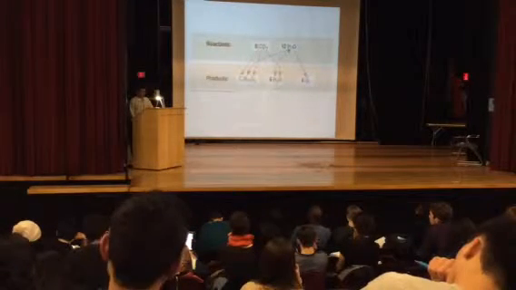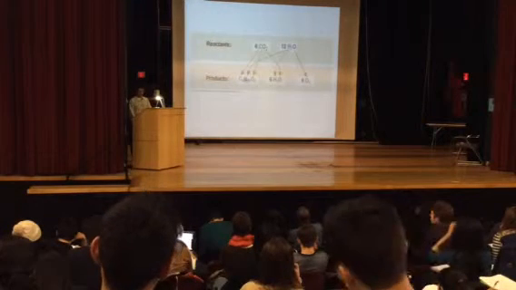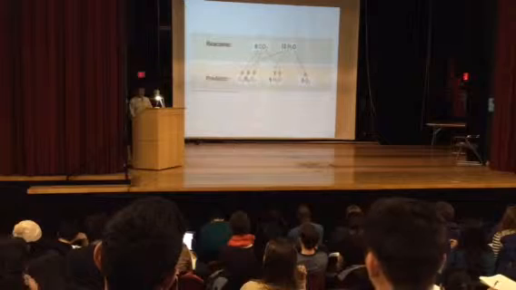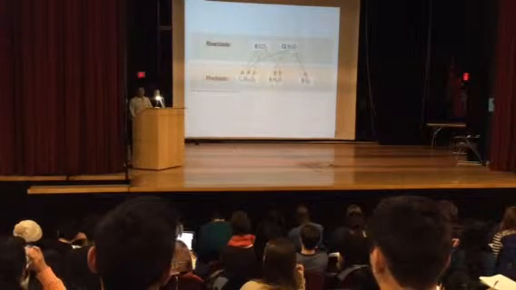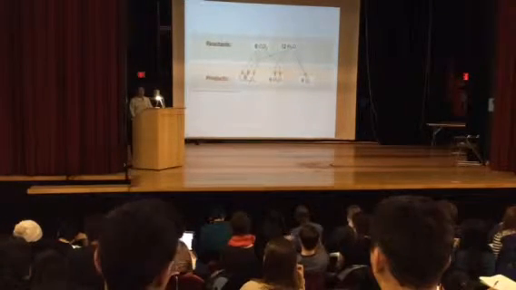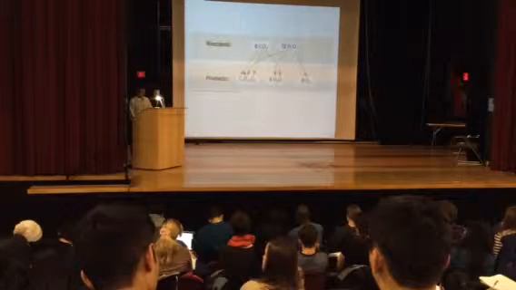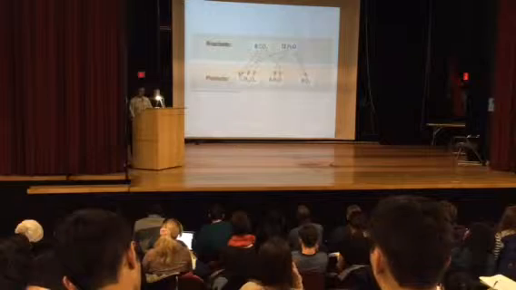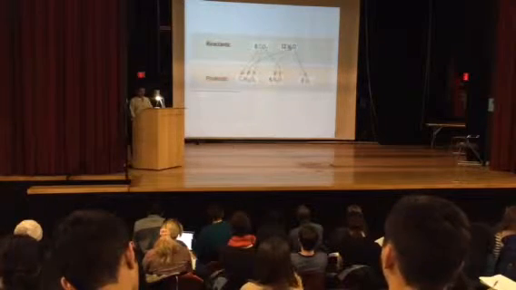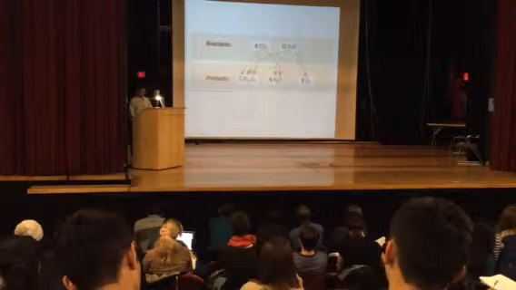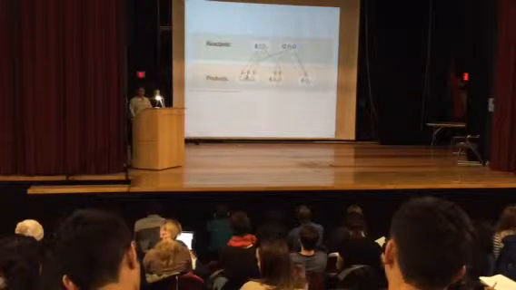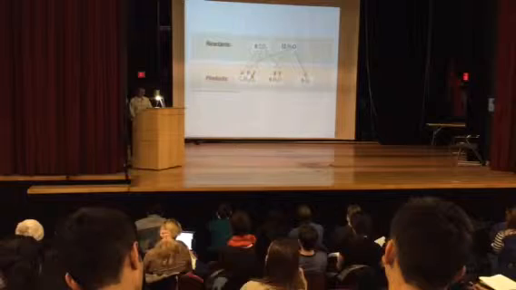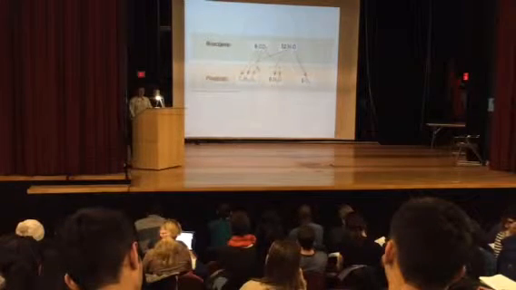But if some of the hydrogen is now bound to carbon, carbon and hydrogen are almost the same in terms of electronegativity, which means the electrons are spending equal time around the hydrogen and the carbon. So spending less time around the hydrogen in water, spending more time around the hydrogen in the sugar. The hydrogen from the water in this case is reduced because the electrons are spending more time around it.